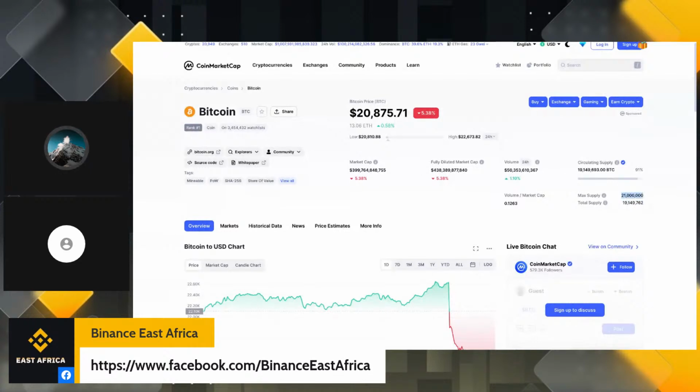So there can only exist 21 million Bitcoins. What that means is Bitcoin is a deflationary currency. A deflationary currency means basically as the coins get produced and more adoption comes in, we have the price going up gradually.